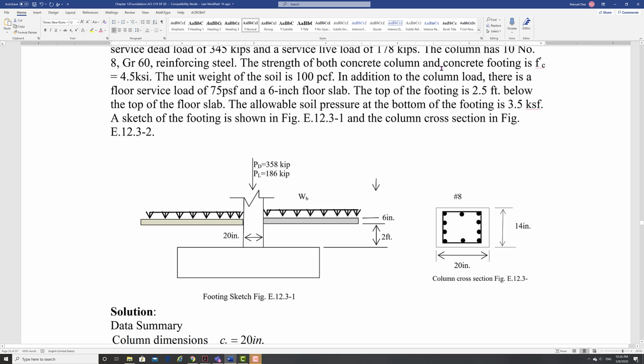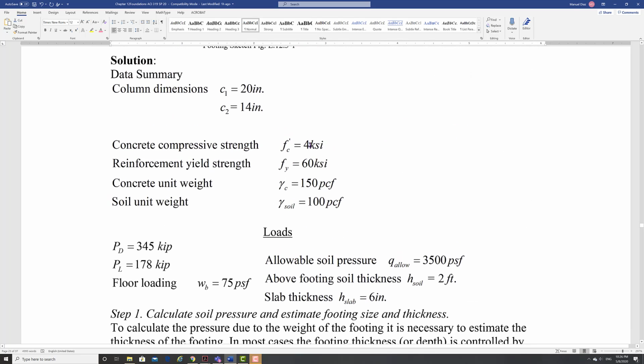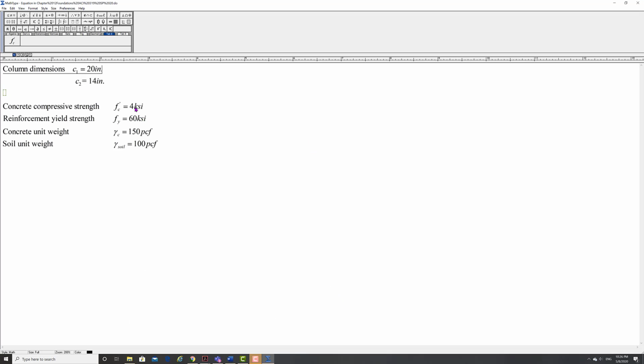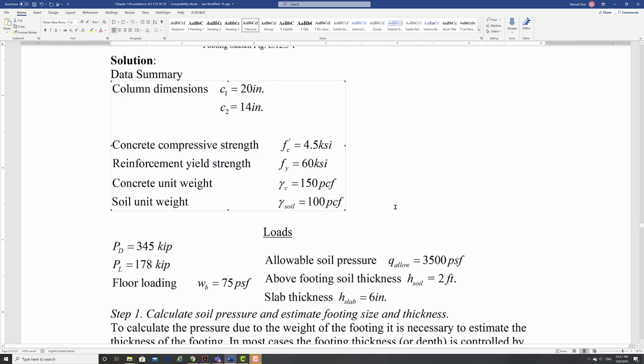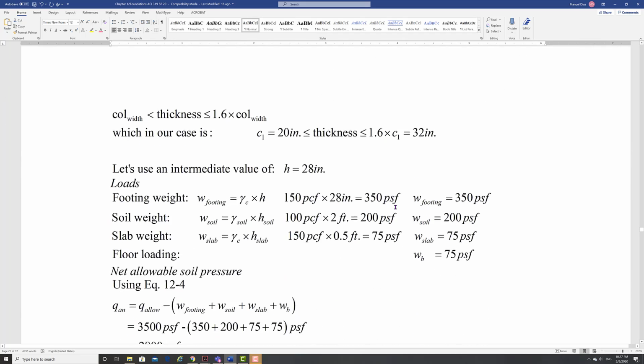So both concrete column and footing are equal. Ah, great. So it's 4.5. Yeah, I had to make this change because the shear was not passing the 4 anymore. So I had to do that. That's what I say, one-way shear is critical now.